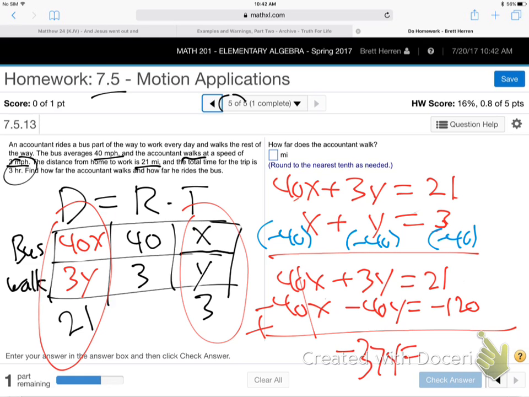Minus 37Y is minus something. Was it 99? Yeah. And then divide by minus 37, and you've got it. We got Y, and then you get X and all that. That's how you do it. Is that good? Good enough? Leave it at that. For the bus problem, the accountants. That's tricky. 2 letters, X and Y, in a distance rate time equation. So, all right. I'm not going to put one that hard on the test.